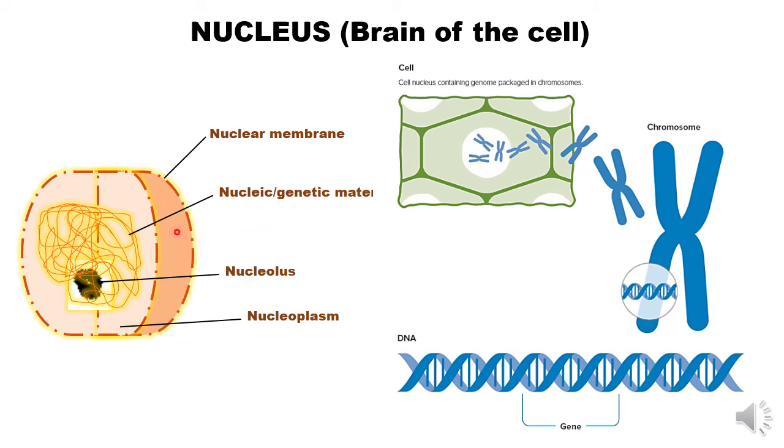I said that there is an entangled mass of DNA which is known as chromatin. So what is this rod-like structure joined to each other in the shape of an X? Well, this also is made up of chromatin, but chromatin which has been condensed in a very systematic way, giving rise to these rod-like structures.